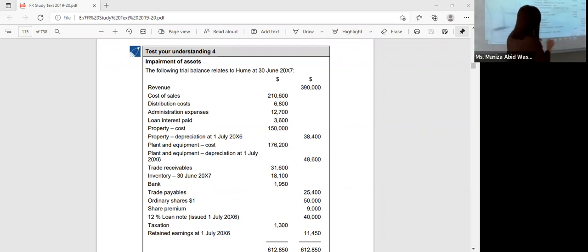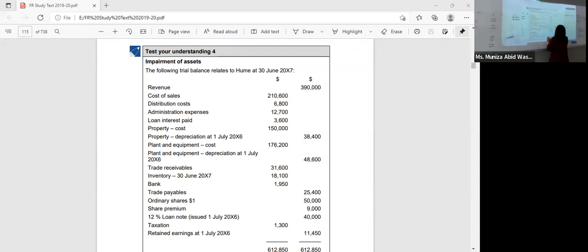Ali, look, 12% is the percentage of the interest rate. Total loan issued at the start of the year, 1st July 2006, has been 40,000. 40,000 multiplied by 12%, the loan interest has been 4,800. Is it? Loan interest? 40,000 multiplied by 12% for the full year is 4,800.